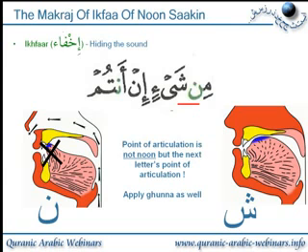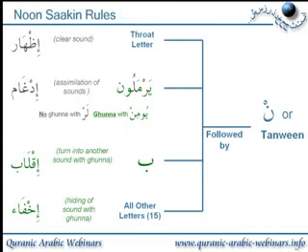So that is ikhfa. So recap: noon sakin or tanween followed by the throat letters is a clear sound, I pronounce it normally. That's known as idhar. If it's followed by one of the yarmaloon letters, we do assimilation, known as idgham. If it's one of the lam and ra letters, you do no ghunna, and if it's one of the yanmu letters, you do apply the ghunna with the assimilation.